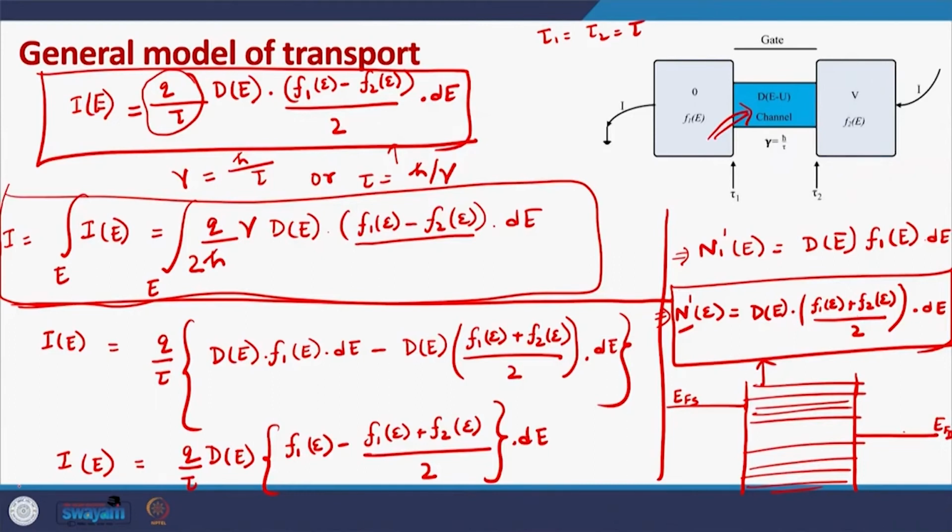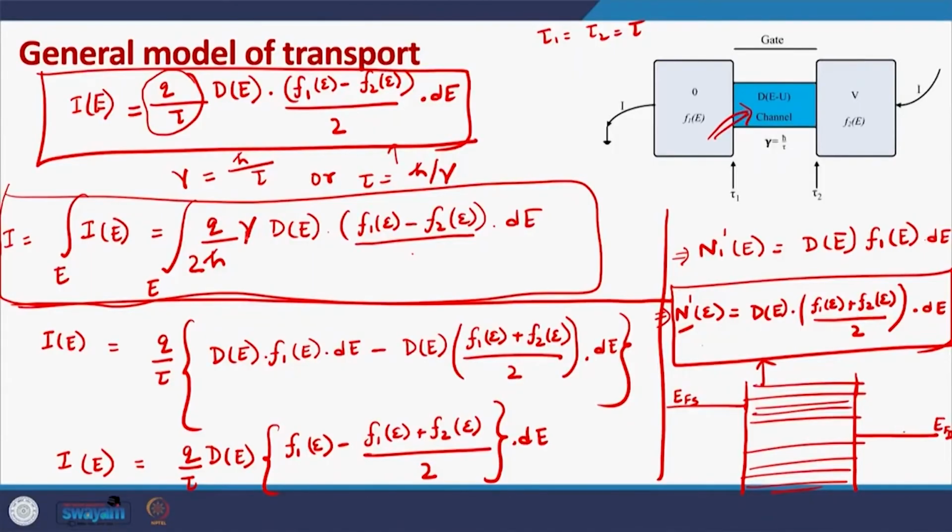Okay. So, we have ultimately obtained the expression for the current and the expression for the steady state electronic population in the device, when the device is a two terminal device connected to the two contacts, and this is what we were trying to see right from the beginning.